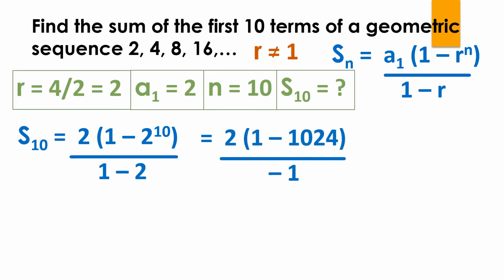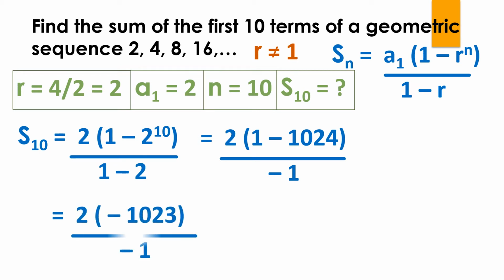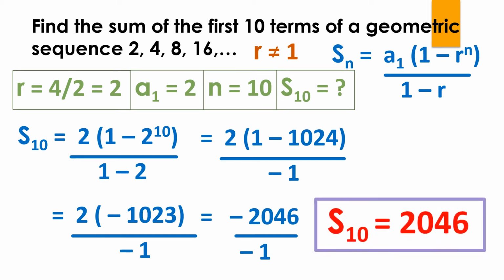So 2 raised to 10 is 1024, and 1 minus 1024 is negative 1023, multiplied by 2, that is equal to negative 2046 divided by negative 1. So the sum of the first 10 terms of the geometric sequence 2, 4, 8, 16 is 2046.